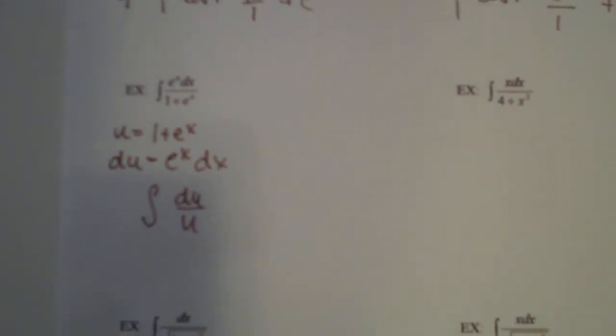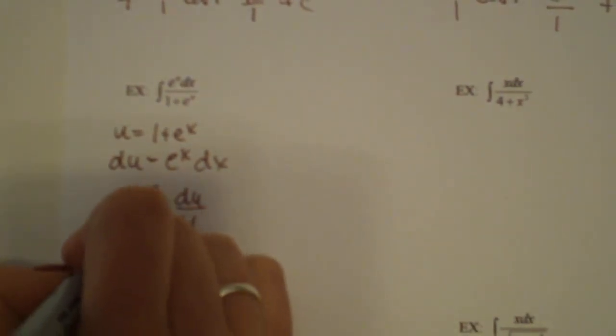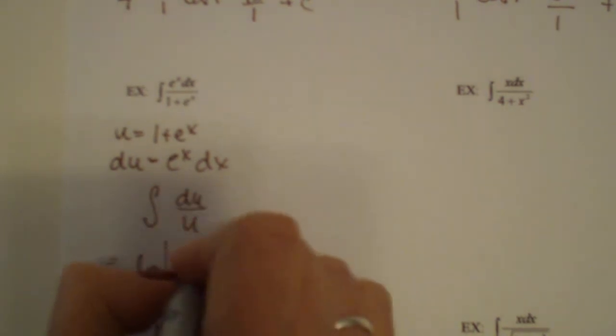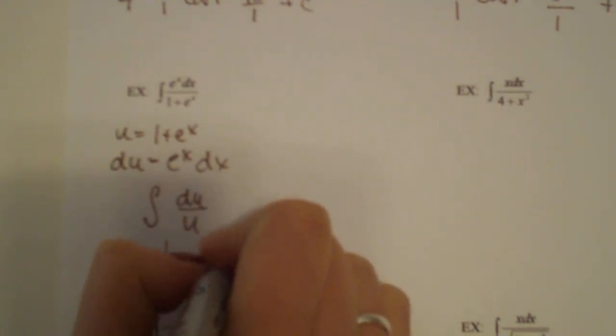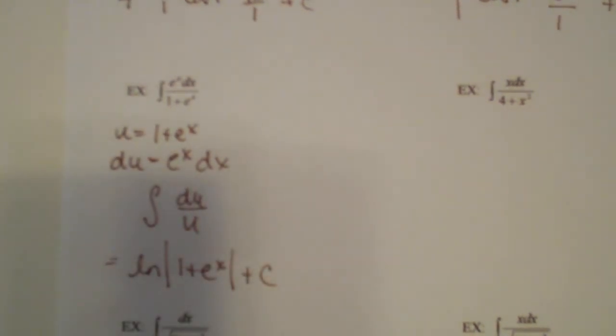Well, we all know that the integral of du over u is ln absolute value 1 plus e to the x plus c. That's all you have to do there. You want to get in the habit of your first instinct when you have an integral being to try a u sub. If it works, wonderful, you're on your way. If it doesn't, that's when you want to start thinking, maybe it's one of those inverse trig formulas, okay?